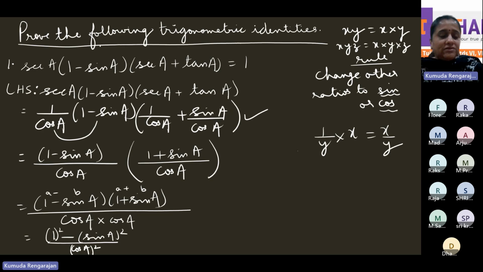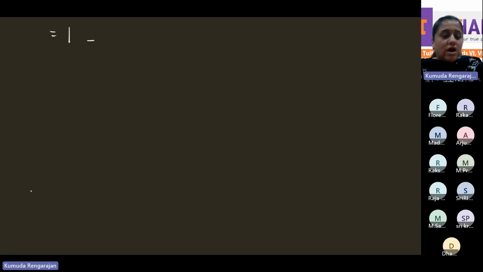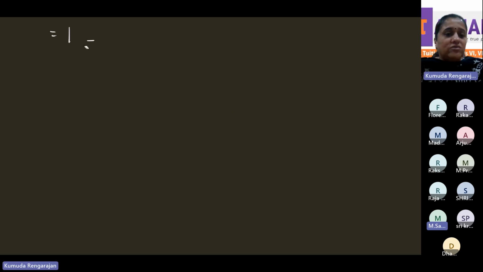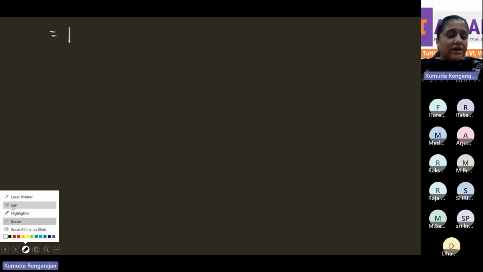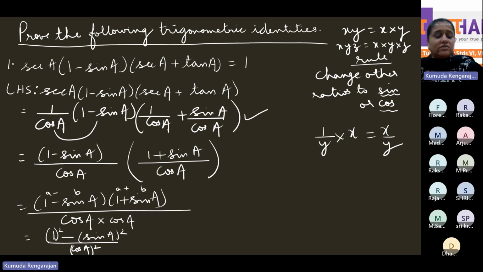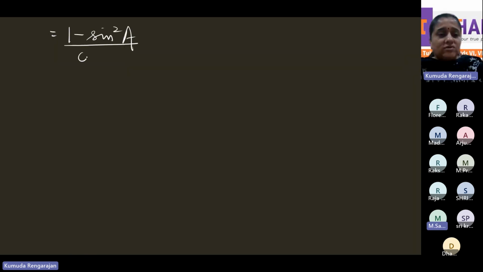Next step. 1 square is 1 minus sin A the whole square. How do we write sin A the whole square? Sin square A, correct. Sin square A divided by cos A the whole square is cos square A. Very good.